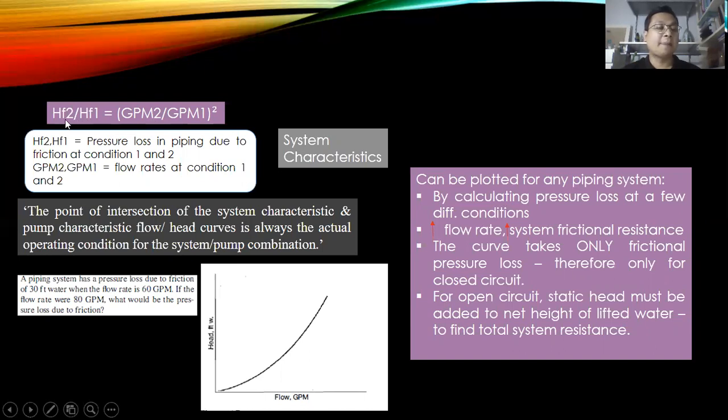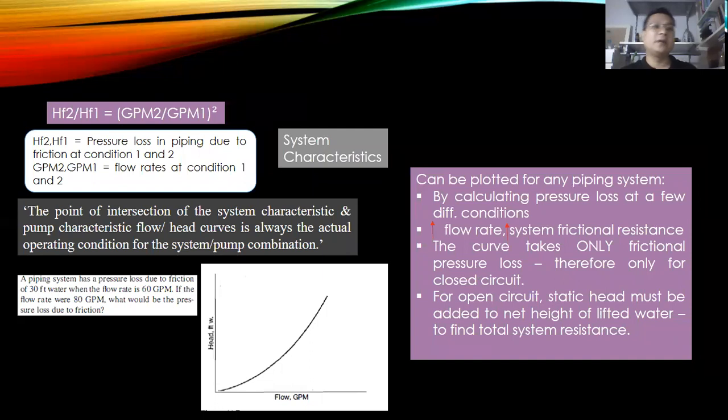If we select point 1, a certain position, and then we measure another position, we call that position 2. So HF2 is how much head is lost from position 1 to position 2.